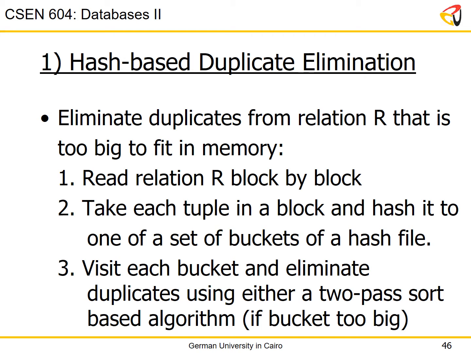If it's an extensible or a linear hash table, it will still fall in the same bucket, because when I explained extensible and linear hash tables, we said that we deal with duplicates by placing them in the same bucket. So afterwards, we just go to the bucket and we will find the duplicates together. I will eliminate all of them except one, and then I print the content of the buckets after doing this elimination.